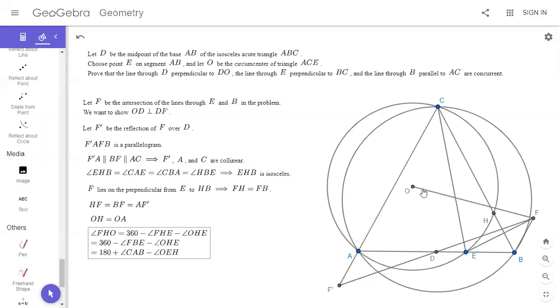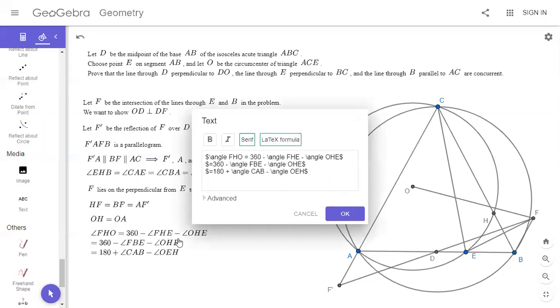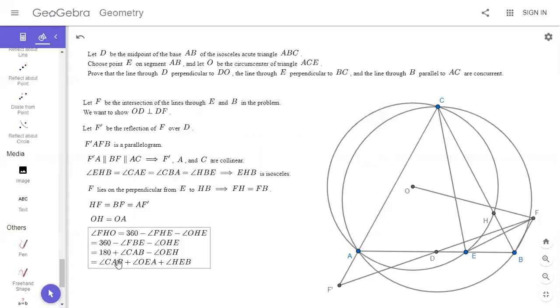And OEH is 180 minus OEA minus HEB. So OEH makes 180 degrees with OEA and HEB. And then OEA is the same as OAE.